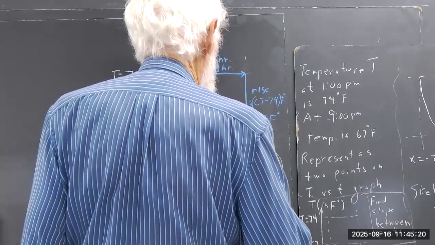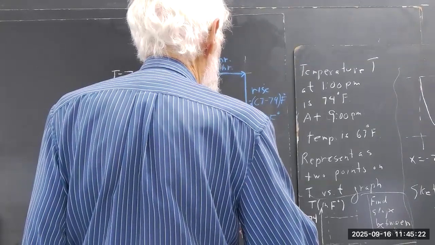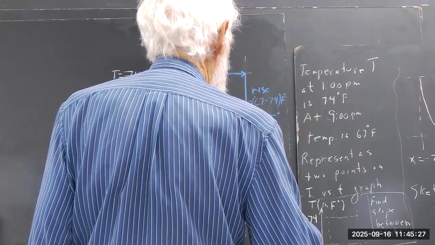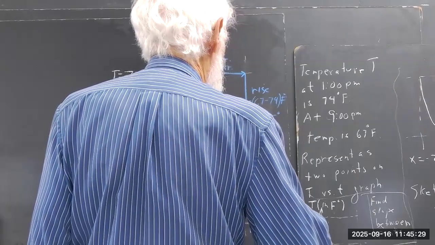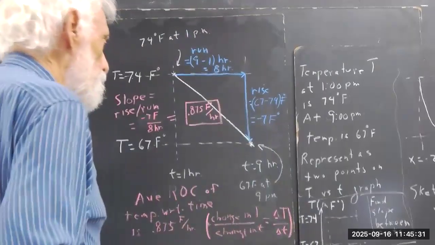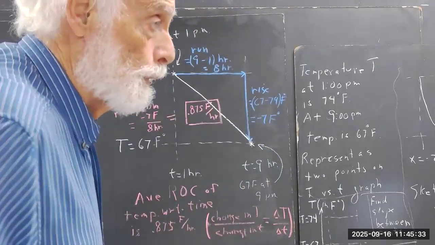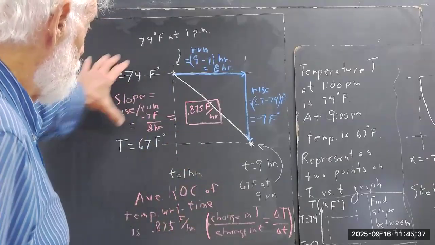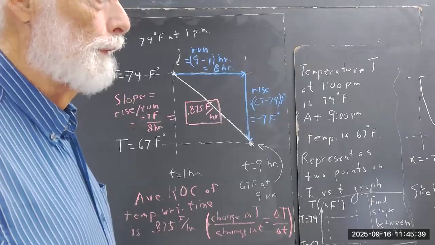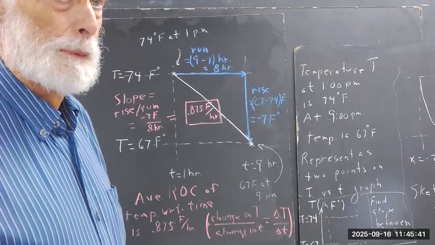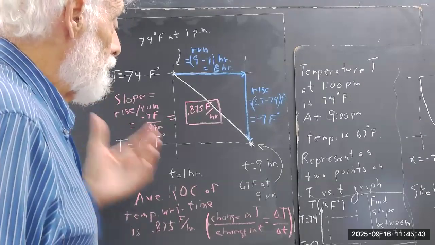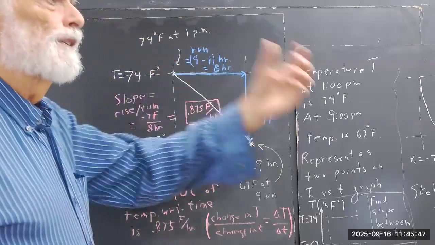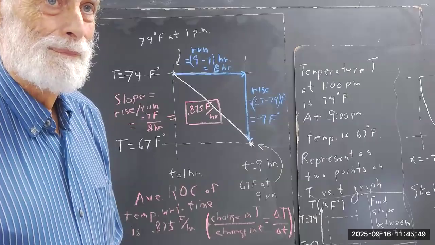Another way of denoting this is delta big T over delta little t. If you have a calculus course in your future, then this is very relevant, very important, because the rate of change, well, we could talk about the instantaneous rate of change.